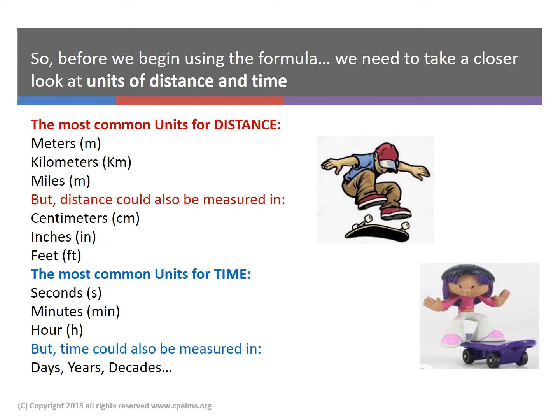So let's look at some units that are used for distance. You might have meters, kilometers, or miles, but you could also have centimeters, inches, feet. The most common time units used in science are seconds, minutes, or hours, but you could also measure time in days, years, and decades.